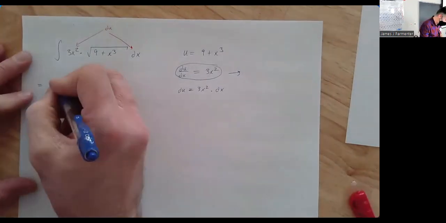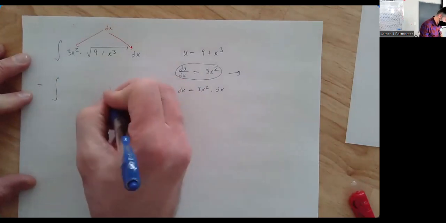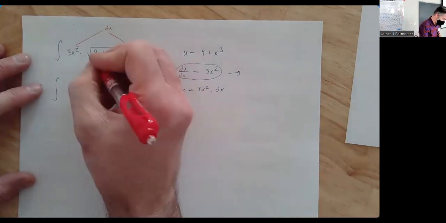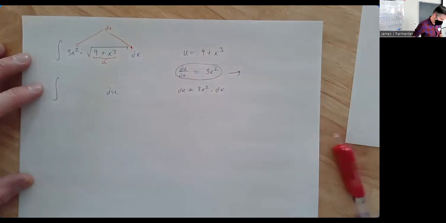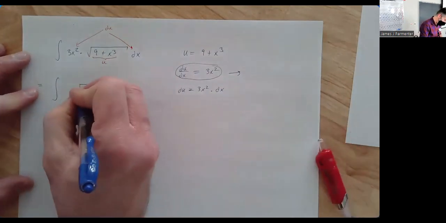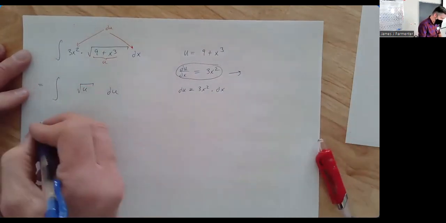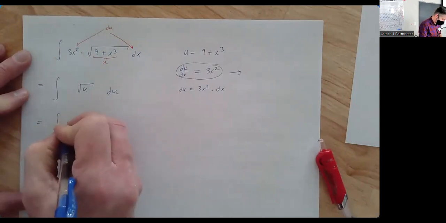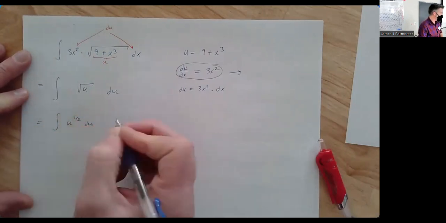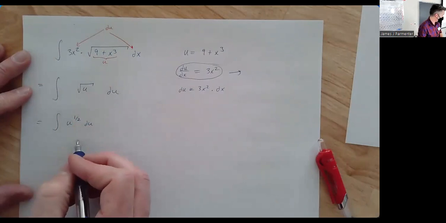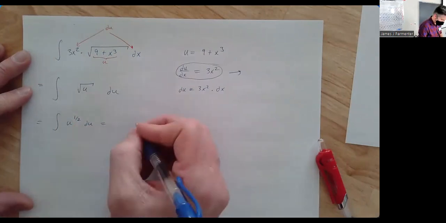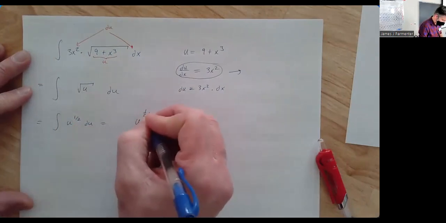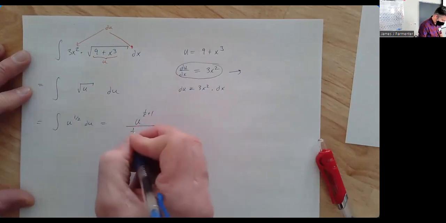This is going to be the integral of, well, that's going to be du. And then the rest of it is just the square root of u, which you always want to rewrite a root as a power. That's u to the 1/2. This is the antiderivative of u to the 1/2 times du. And then that's going to be u to the 1/2 plus 1 divided by 1/2 plus 1.